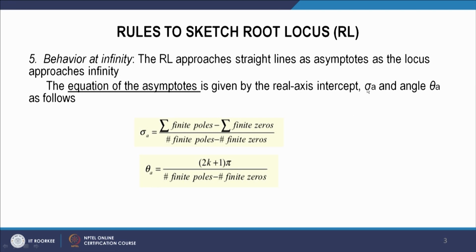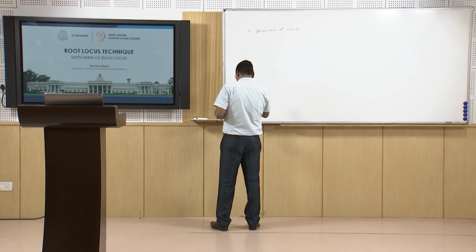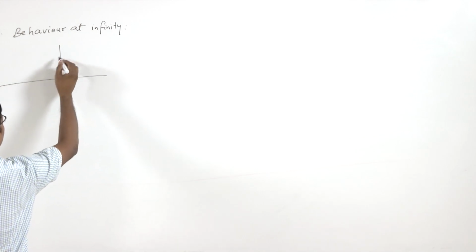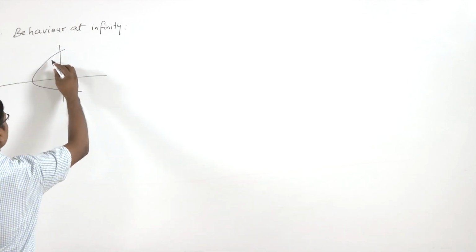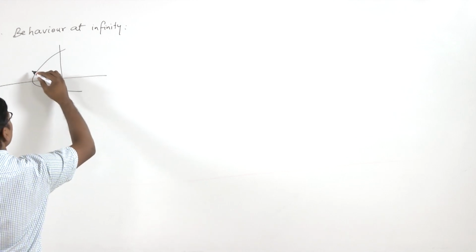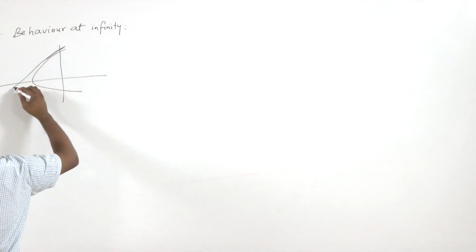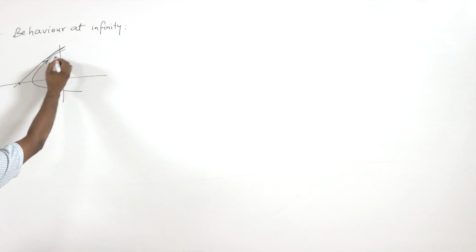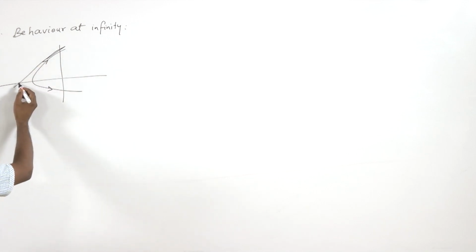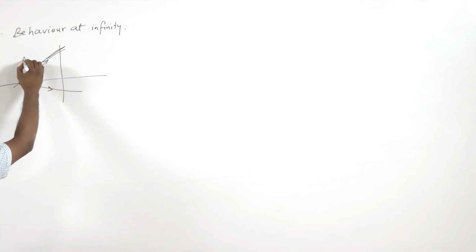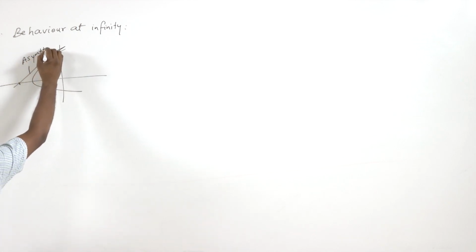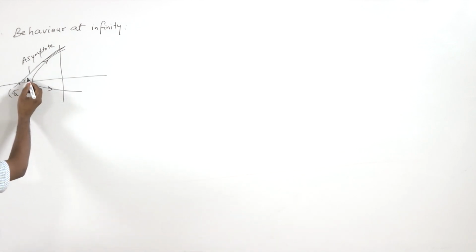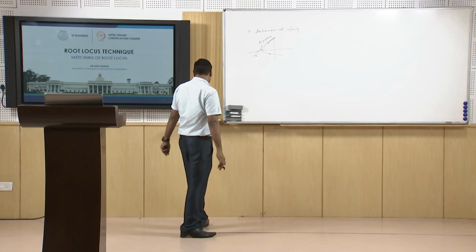So we can find the intercept. Suppose the root locus is going like this, and it will follow some line as an asymptote. Suppose this is a root locus going to infinity, and this is a line as asymptote, this is an asymptote straight line. So it is cutting at sigma_a with some angle theta_a. So this we can find.